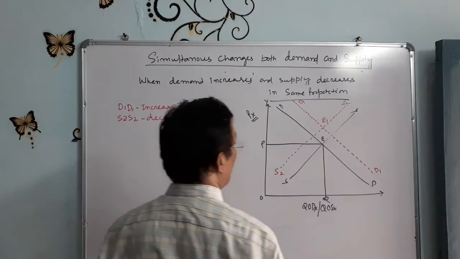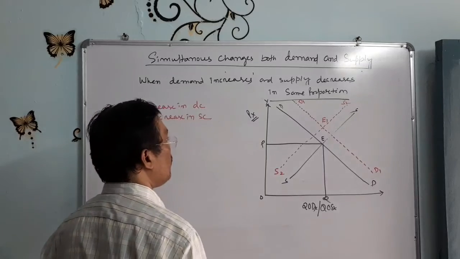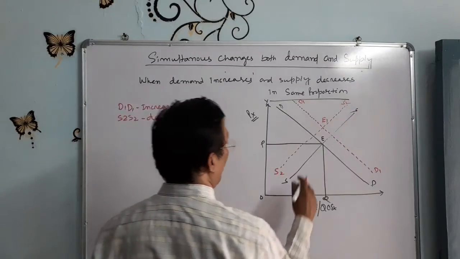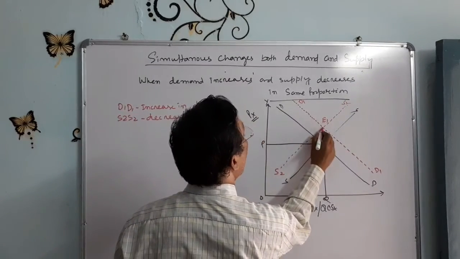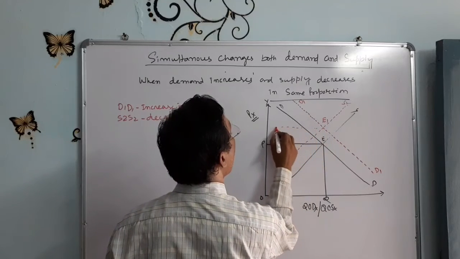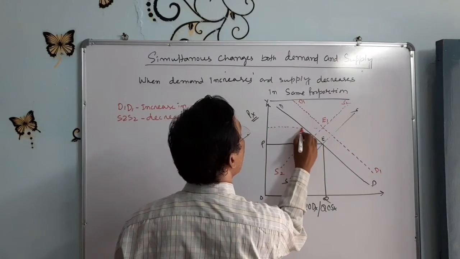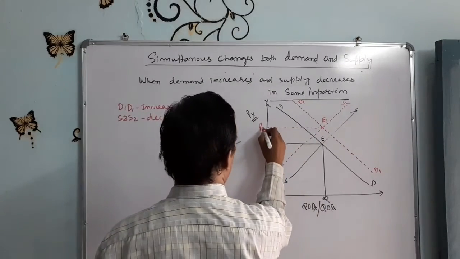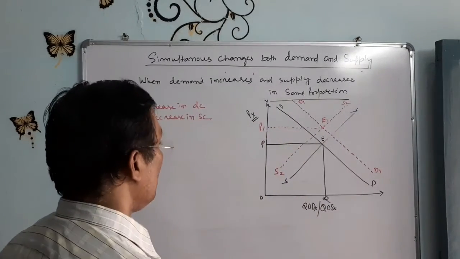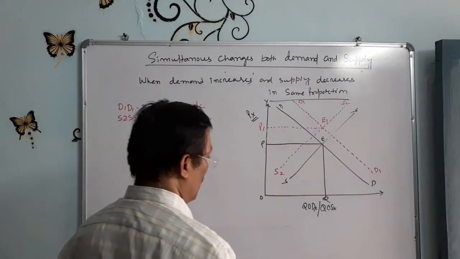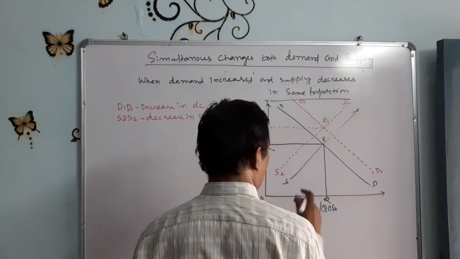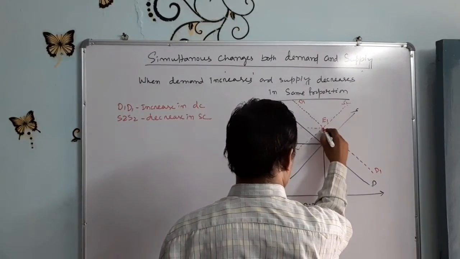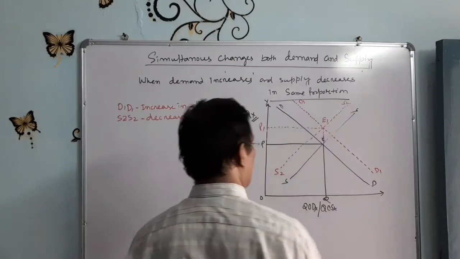Now I will draw a line toward the y-axis from the equilibrium point. Suppose this is OP1. And I will draw a perpendicular line toward the x-axis from the E1 point. See it?